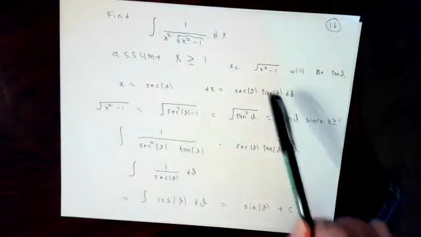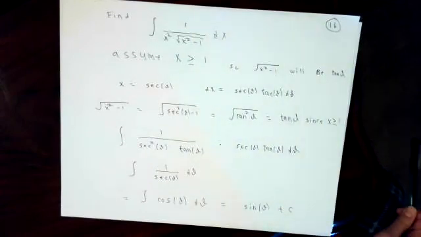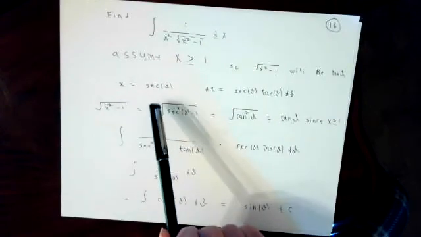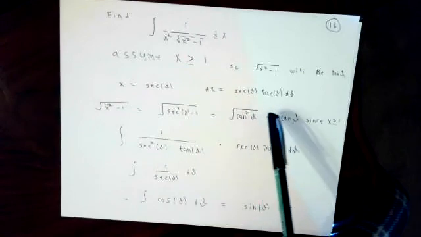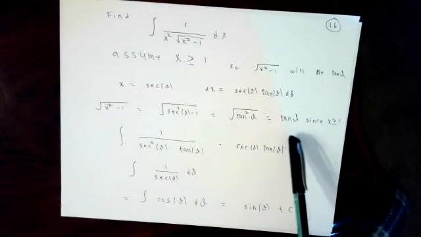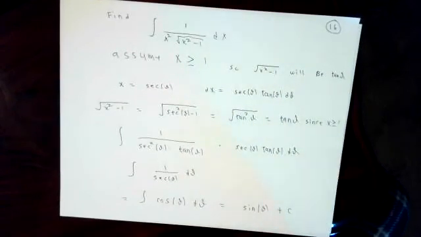That means that this radical sign will just simplify down into tangent of theta. x is 1 times secant theta, dx is secant theta tangent theta d theta. The square root simplifies to tangent of theta since I'm presuming that x is bigger than 1.